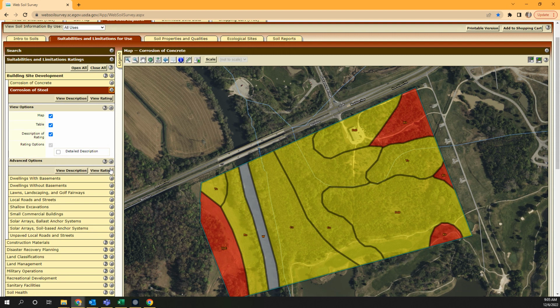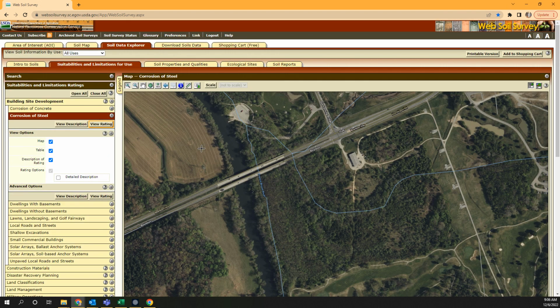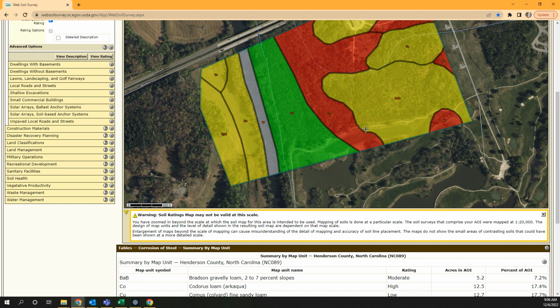The other corrosion factor that we look at is corrosion of steel. This is going to be similar to our corrosion of concrete. You're going to get that same scale of low, moderate, high. In this case, you're going to see, again, we have some different results.